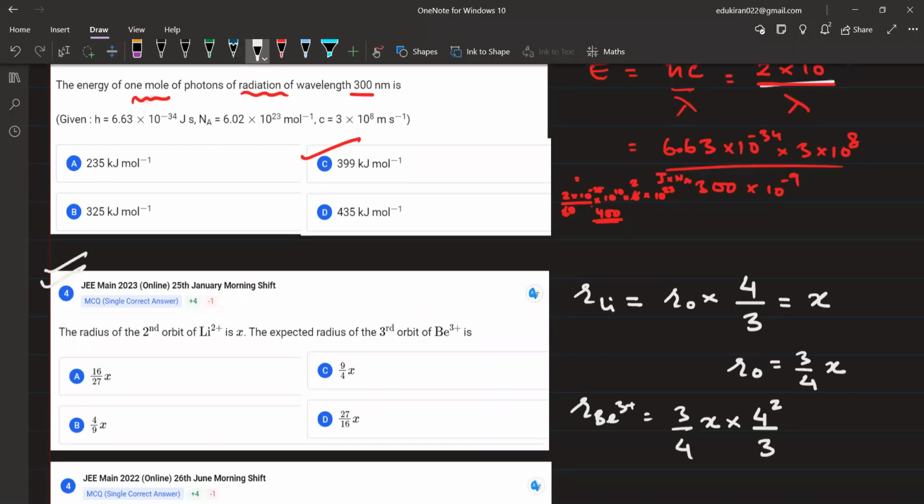What will be the answer? Sir, how did you get 4 square by 3? Okay, sorry, it will be 3 square by 4, my bad. So this will be equal to 3 cube is 27 upon 16x, right? So the option will be D.